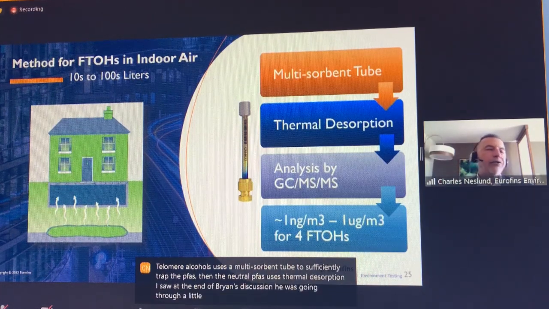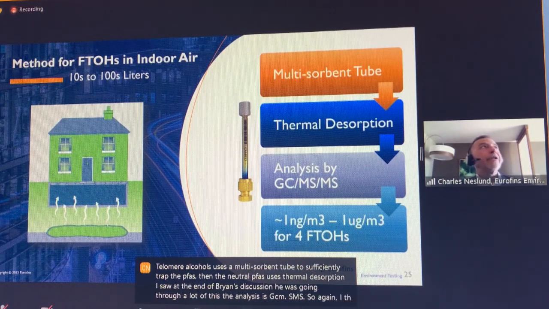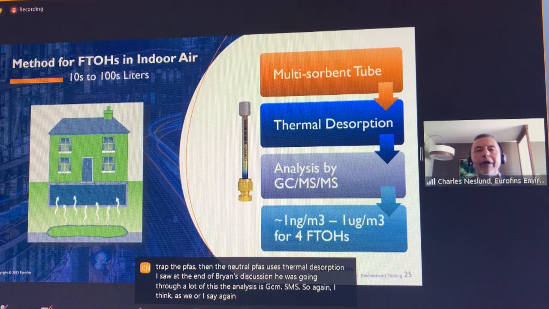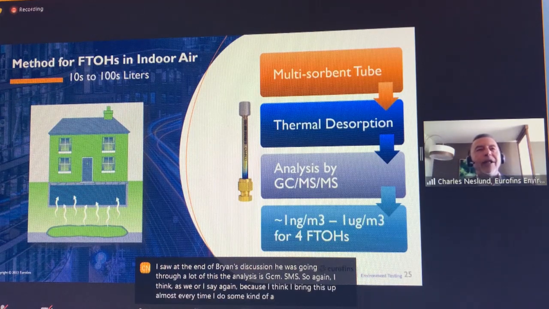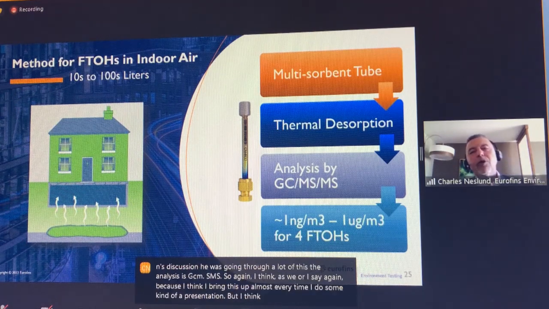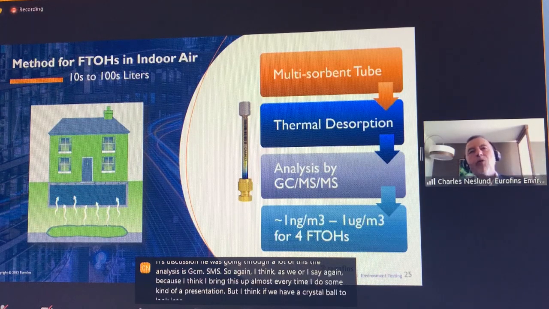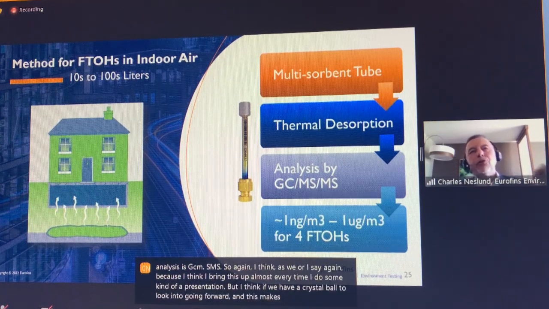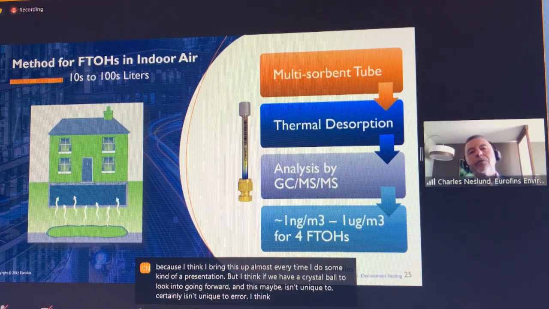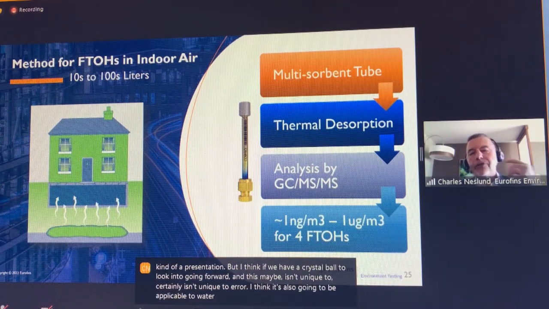The analysis is GC-MS/MS. Again, I bring this up almost every time I do a presentation, but I think if we have a crystal ball to look into going forward, and this certainly isn't unique to air, it's also going to be applicable to water and soil.